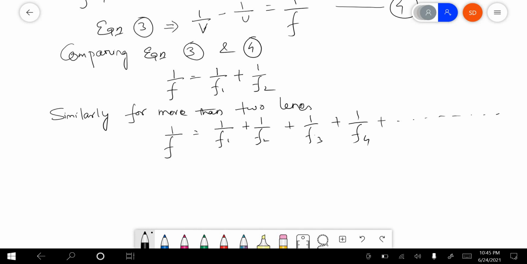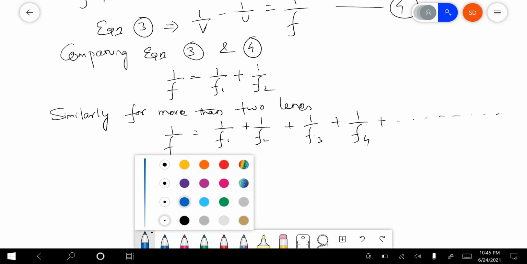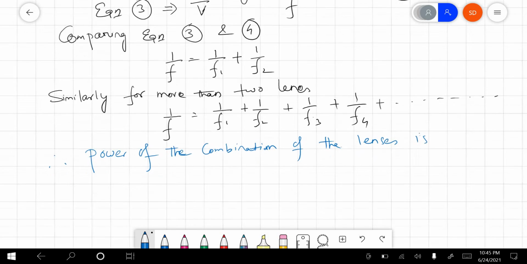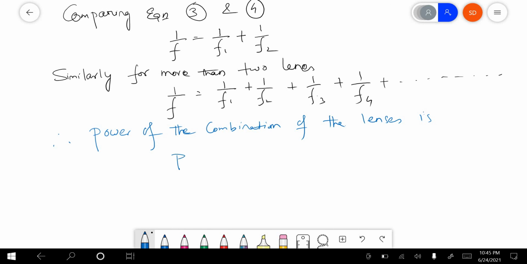So what will be the power? You know that power is equal to 1 by focal length. Therefore, the power of the combination of the lenses: 1 by f is P, 1 by f1 is P1, 1 by f2 is P2, 1 by f3 is P3, 1 by f4 is P4, like this.